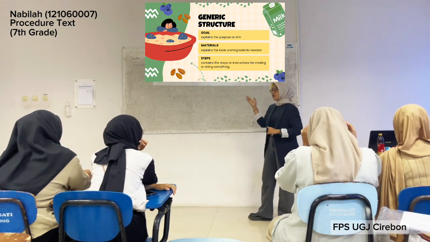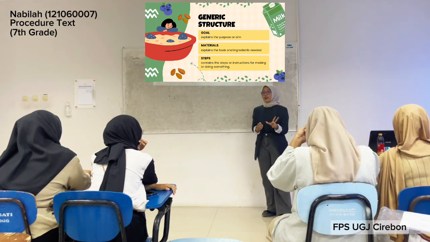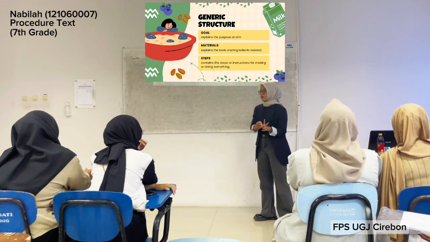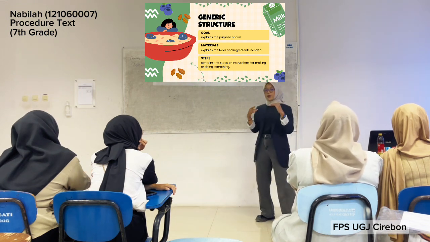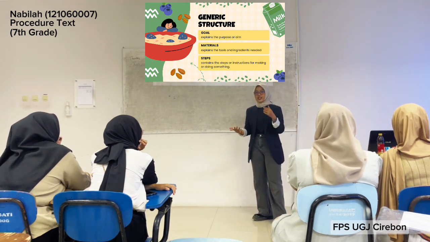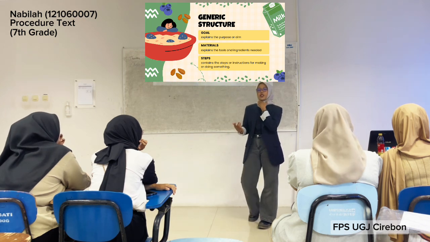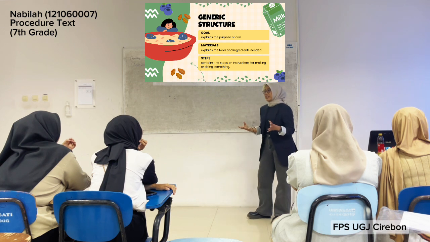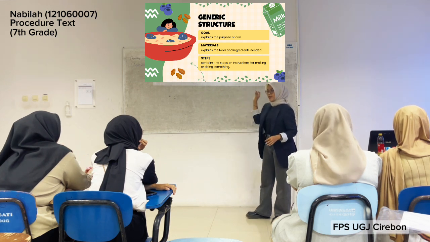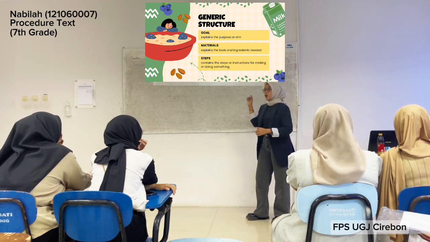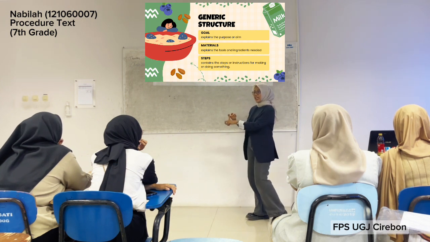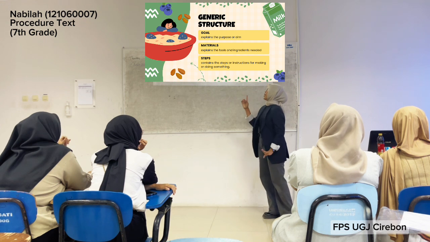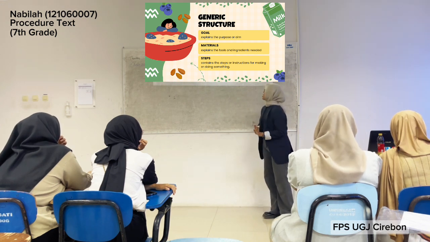And for procedure text, we have 3 parts. The first part, we call it goal. It explains the purpose or the aim. And sometimes it gives you information about what to make and then usually placed as the title of the text. For example, like how to make noodles, how to make pancake, something like that. And then the second part is called materials.